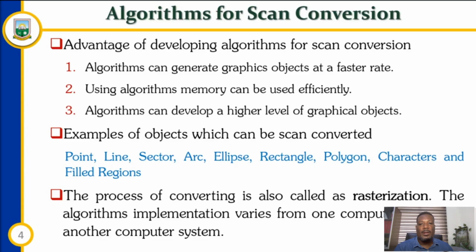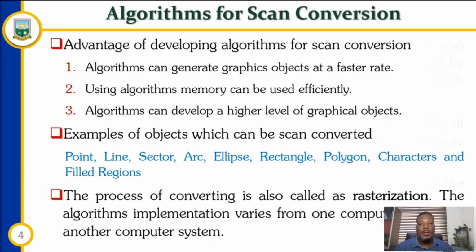The process of converting the graphic object to its discrete pixels is what we term rasterization. Most of the algorithms being implemented vary from one computer system to another. An algorithm working for Windows might be a little different from an algorithm that would work in the Linux environment.